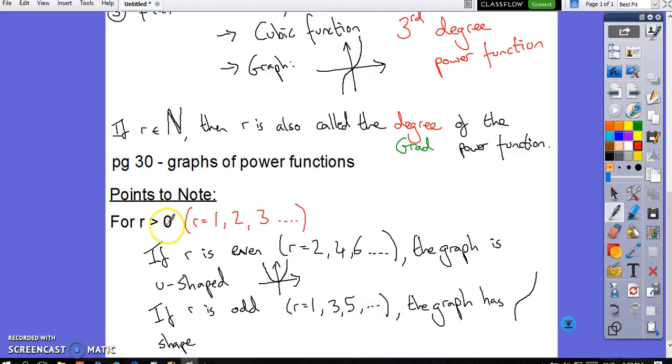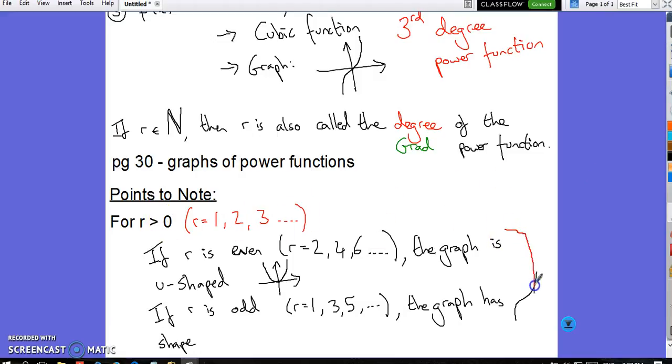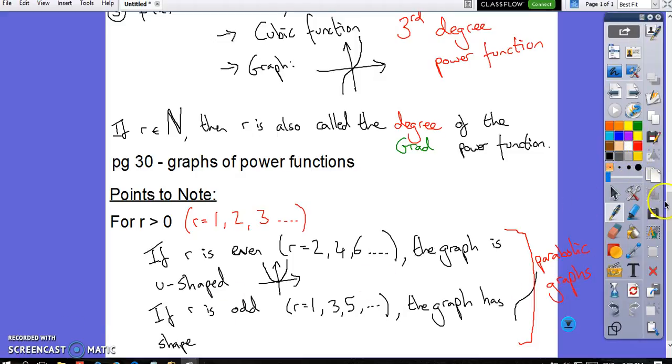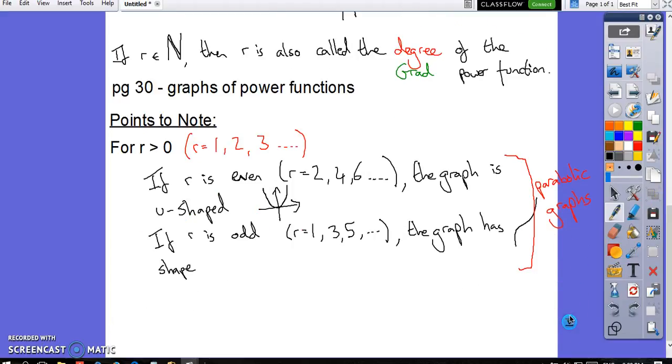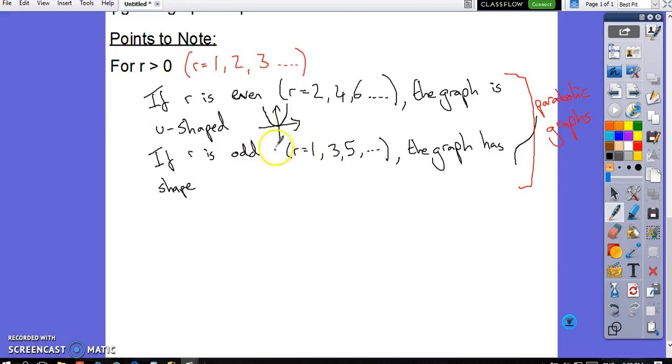So for r being greater than 0, we can expect parabolic graphs. So you know to expect, if r is even, we get this U shape, and if r is odd, we get this kind of increasing snake-like shape. And this is to be expected, really, because if you consider for negative x when r is even, if you raise a negative number to an even power, then we're going to get a positive result, because a negative times a negative is going to give us a positive result.